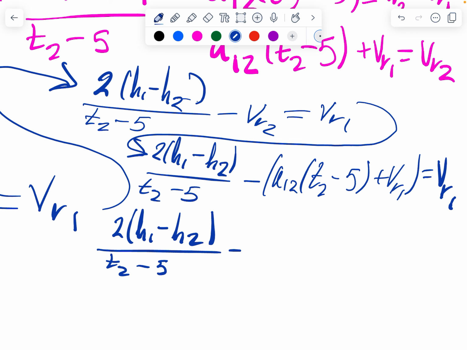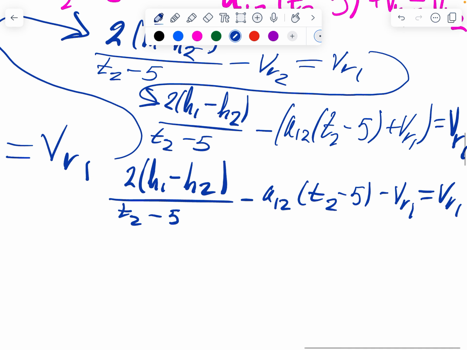So we're going to do A12 T2 minus 5 minus VR1 equals VR1. Look at that, I'd say we can possibly get rid of that VR1.